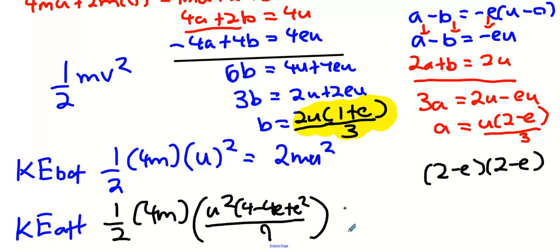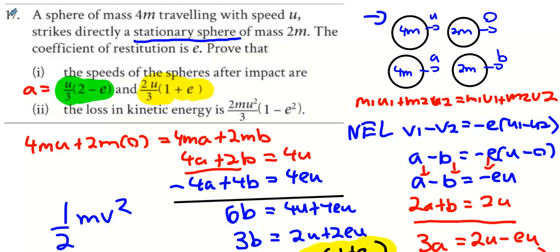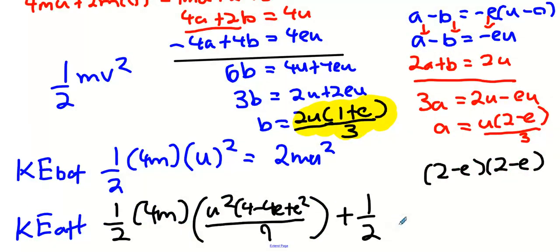Now, plus what? A half. What's the mass of the second particle? 2m, and it's traveling at speed b. So we've got to do a half 2m, and now we're going to have to square out b, aren't we?